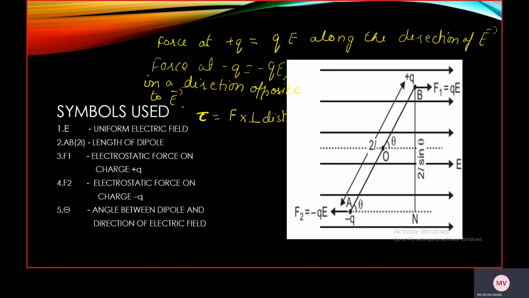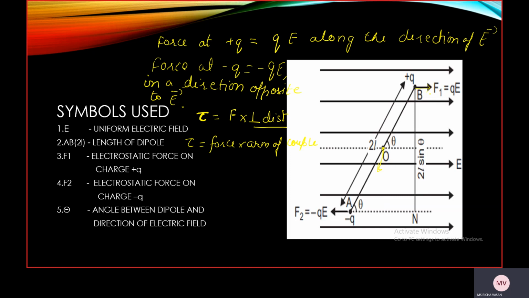We know that the force which is acting is qE, but now we have to find the perpendicular distance, and this perpendicular distance will be the arm of the couple. So the arm of the couple which we are talking about, this is the axis, this is the force.